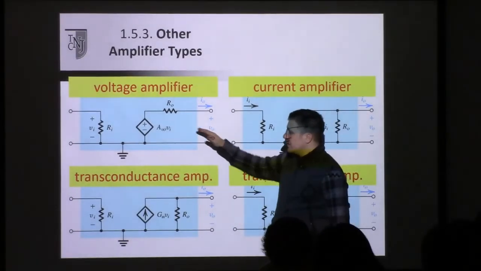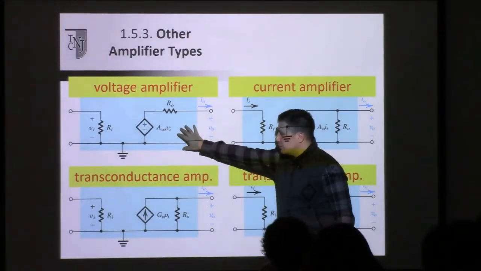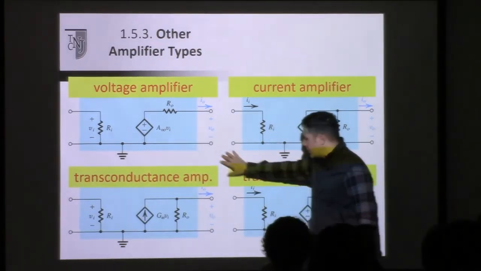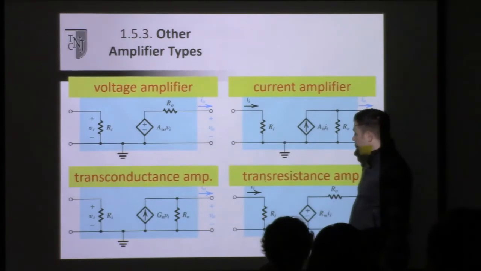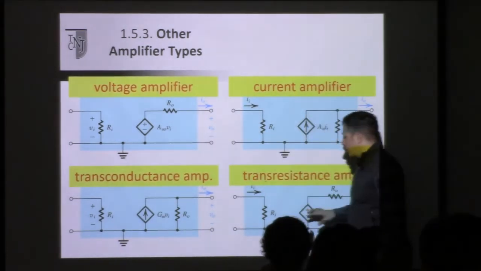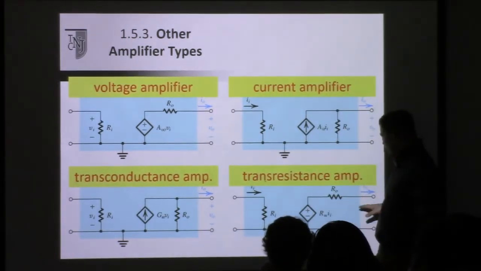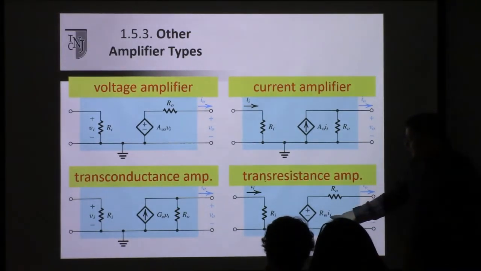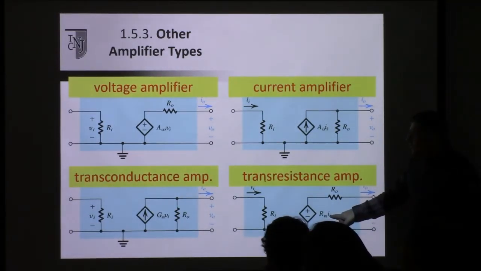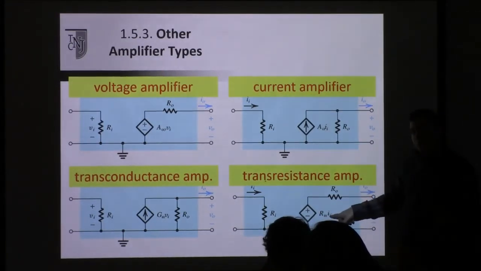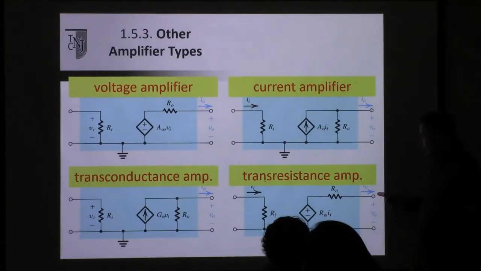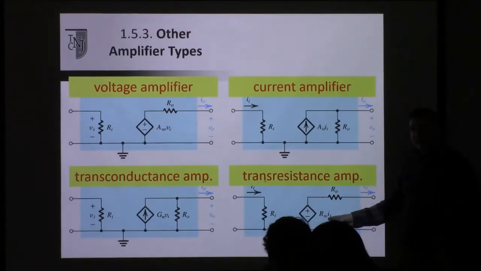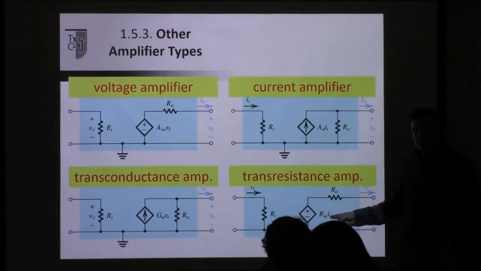It uses a dependent current source as opposed to a dependent voltage source. When we move from here to, actually I'm going to do a weird jump from here to here, the voltage amplifier and the transresistance amplifier look exactly the same, right? The only difference is this little piece here. The transresistance amplifier has an output voltage that's dependent on the input current. Therefore, it's V out over I in, the ratio that we're looking at with regard to gain.